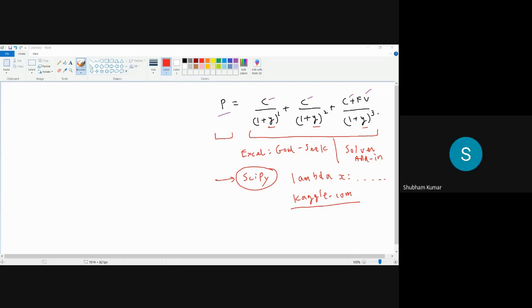Okay, sir. So we have to focus more on these three libraries at this time, right? Yes, and you don't have to spend too much time right now. That is something which you can study when you start working on a project. I think a few months back we had built an interest calculator for a bank. So that was entirely in Python. I had done the entire coding myself.